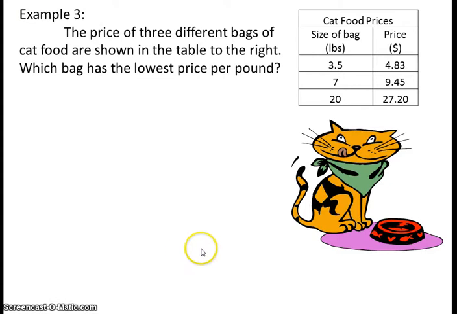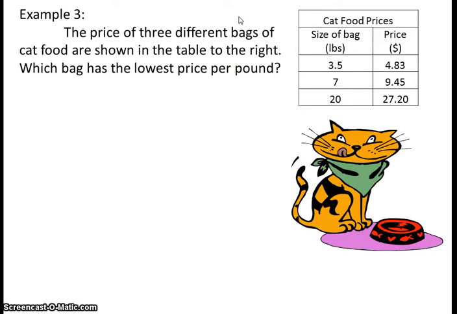This last example is a comparing rate example. The prices of 3 different bags of cat food are shown on the table here. Which bag has the lowest price per pound? This will come in handy again if you're shopping around for anything.